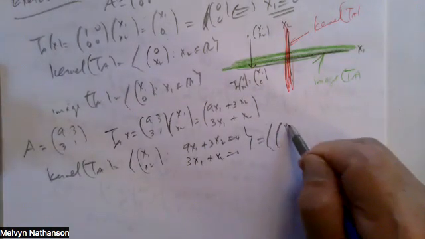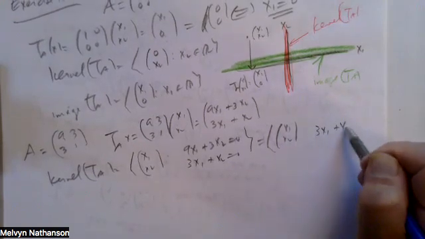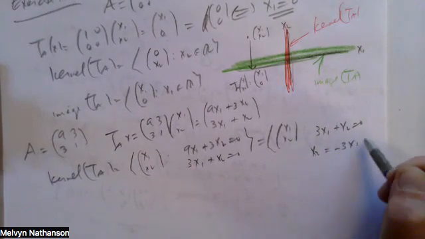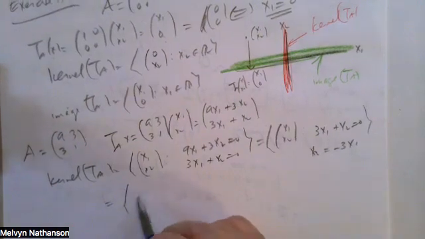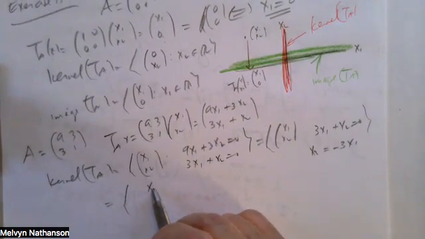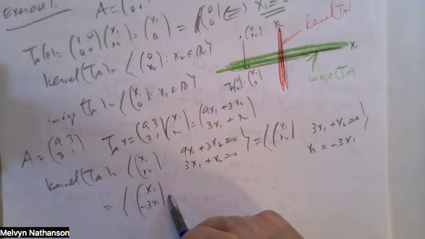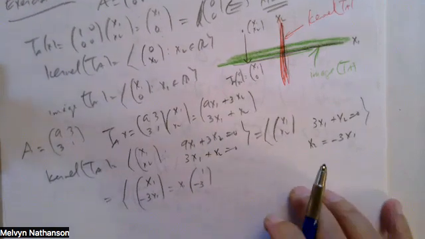So this is all x1, x2 where 3x1 plus x2 equals 0, or x2 equals minus 3x1. So that's the kernel. It's all vectors x1, x2 where x2 is minus 3x1, which is x1 times the vector 1, minus 3.